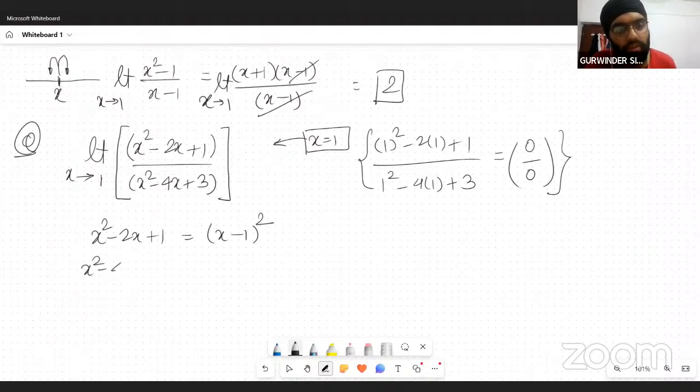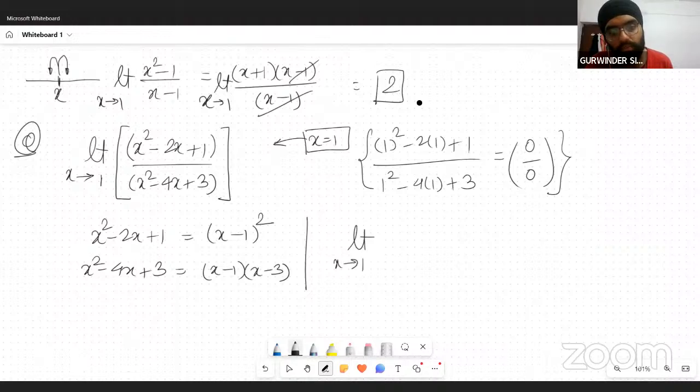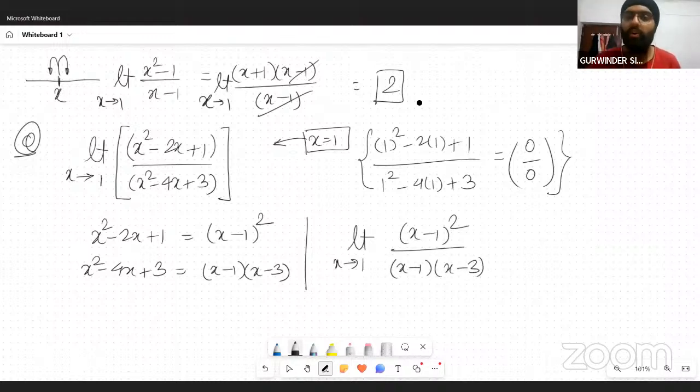Similarly, x squared minus 4x plus 3 can be factorized as x minus 1 times x minus 3. So when we evaluate the limit, it can be written as limit x tends to 1, x minus 1 squared by x minus 1 and x minus 3. Do you guys get the point? How could we go about it?